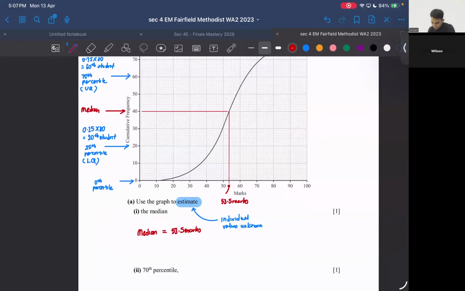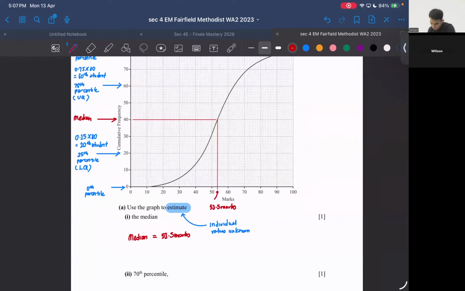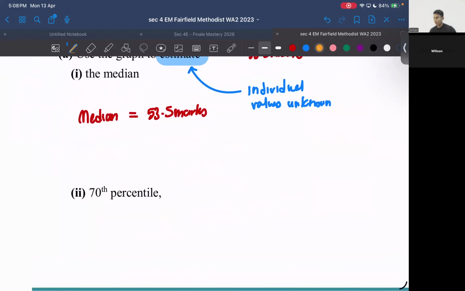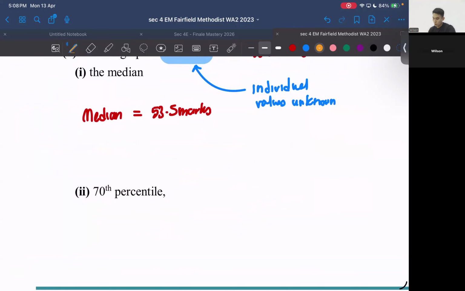Okay, now, next one. I want to find the 70th percentile. So let me just ask Kira. Kira, how do you go about finding out what is your 70th percentile? First and foremost, what should I be doing? Yes, okay.